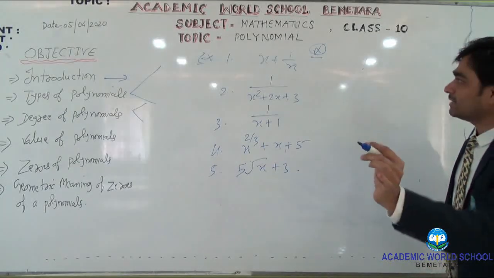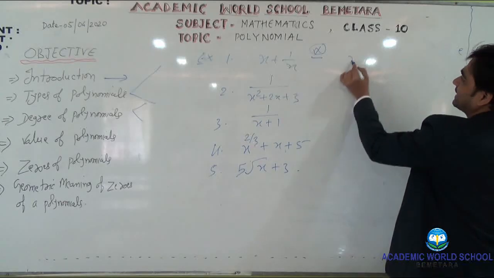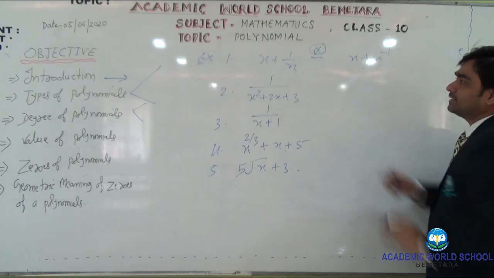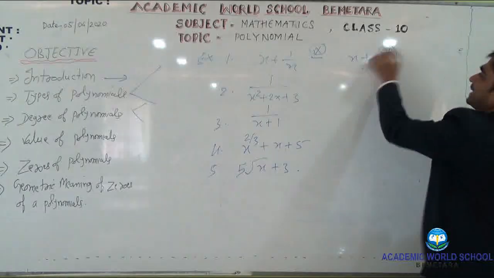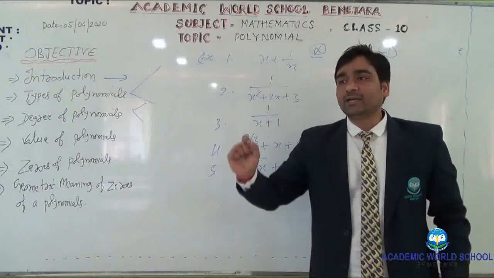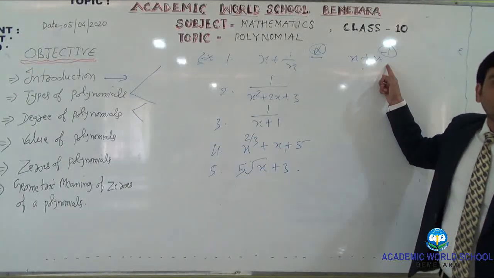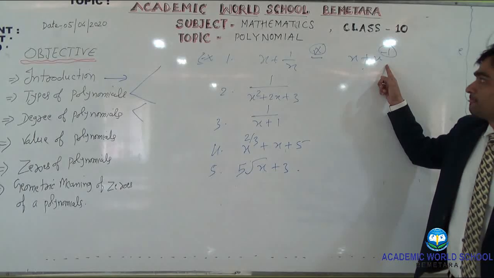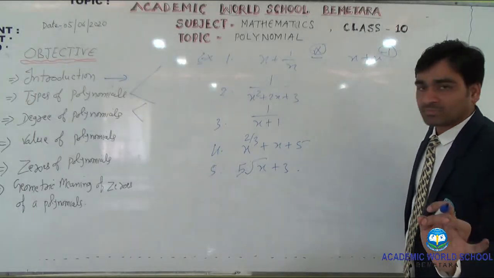We can write it as x plus x to power minus 1. Now the power of x becomes negative, and as I explained earlier, the degree or power of a polynomial should not be negative and not a fraction. So this is not a polynomial.